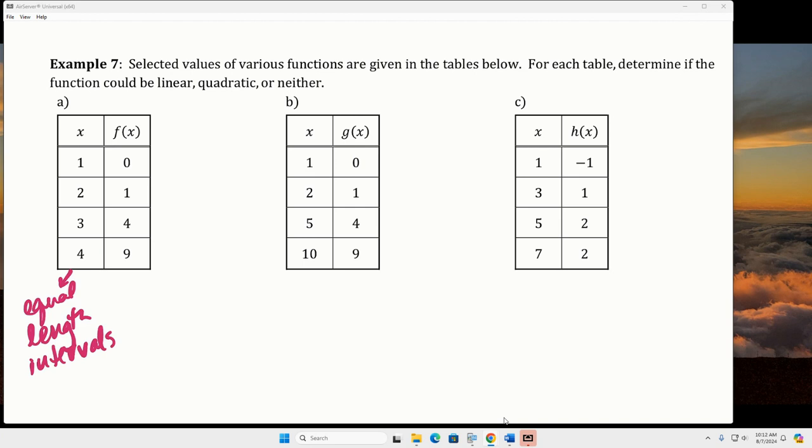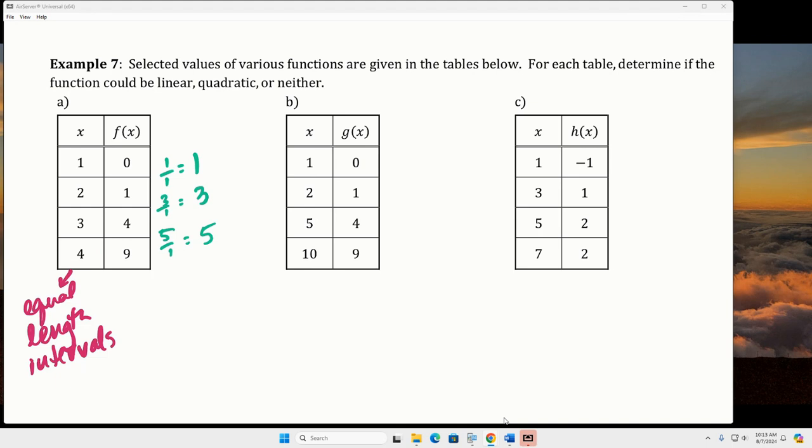All right, so if I look at my change in y over my change in x, it looks like I'm going to get 1 over 1, 3 over 1, and 5 over 1. So definitely not linear, because those would all need to be the same. Is there a linear pattern here, where you're increasing or decreasing by the same amount?